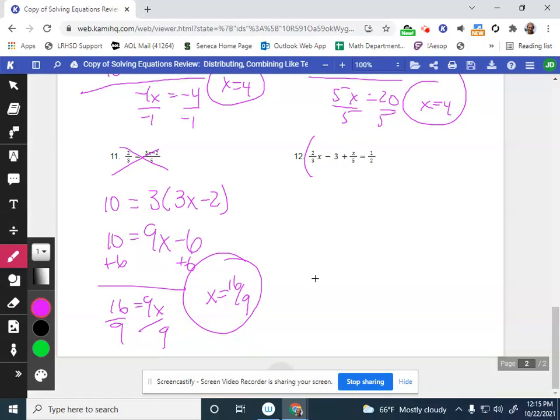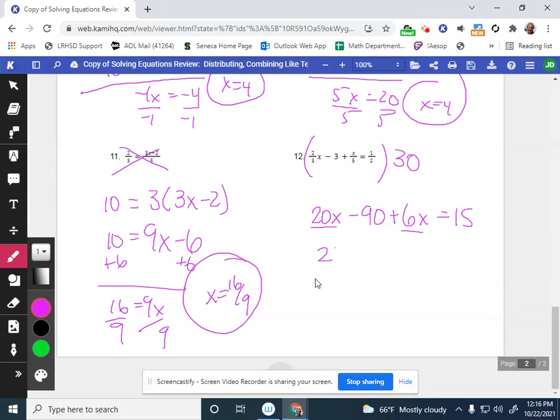Number 12, I need to multiply everything by 30. 5 goes into 30, so does 2, so does 3. Nothing smaller will work. So 30 times 2/3, put that in your calculator, and you should get 20. 30 times 3 is 90. 30 times 1/5 is 6. 30 times 1/2 is 15.